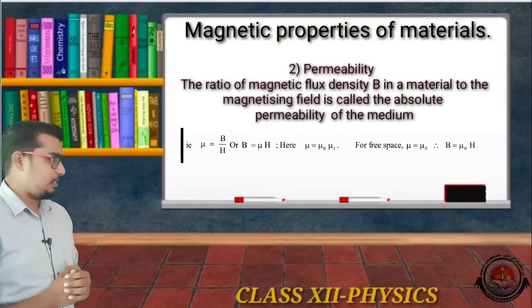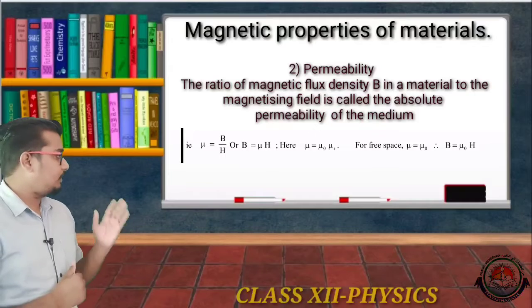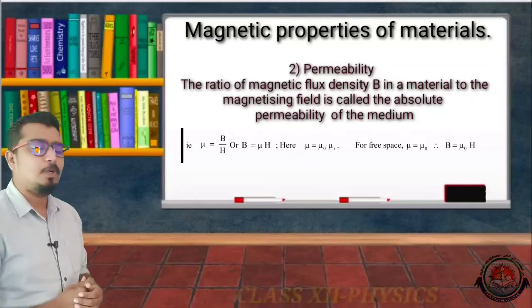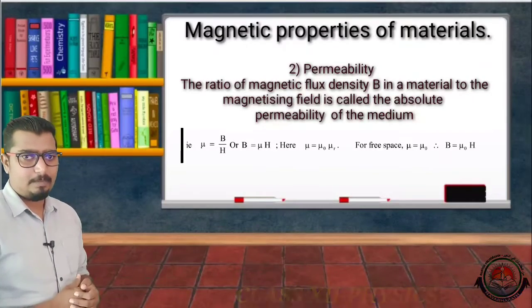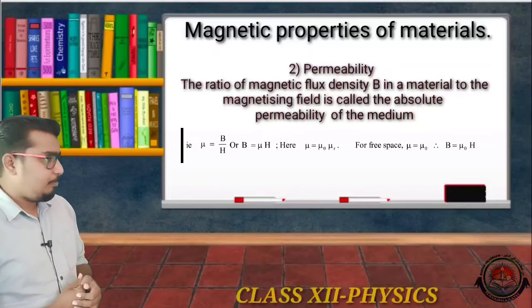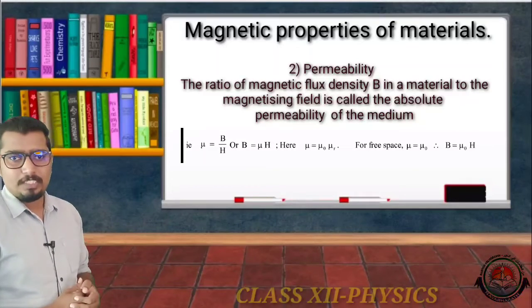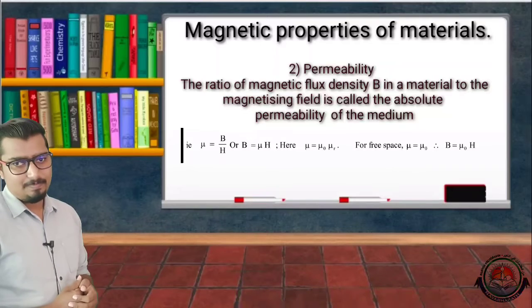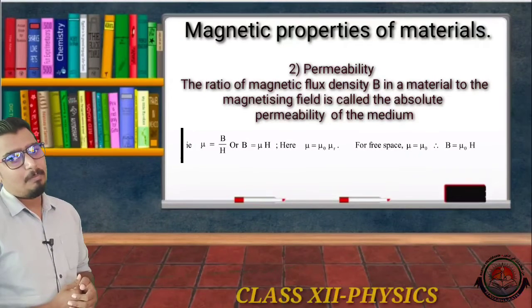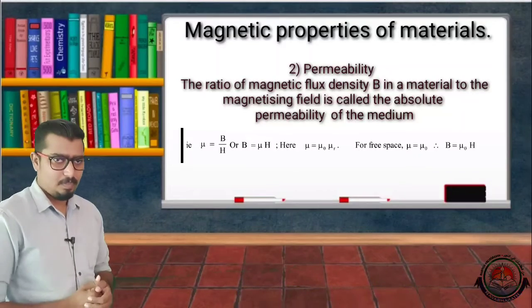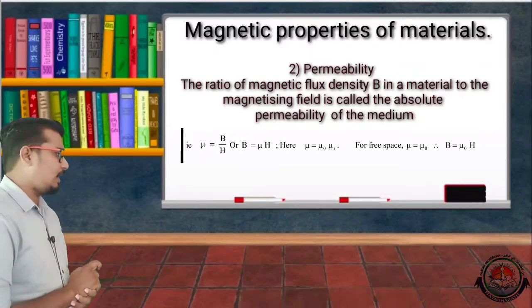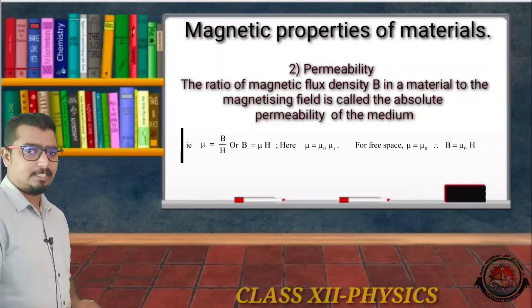From this equation, B equals mu H. Here mu equals mu 0 mu r, which was already discussed.